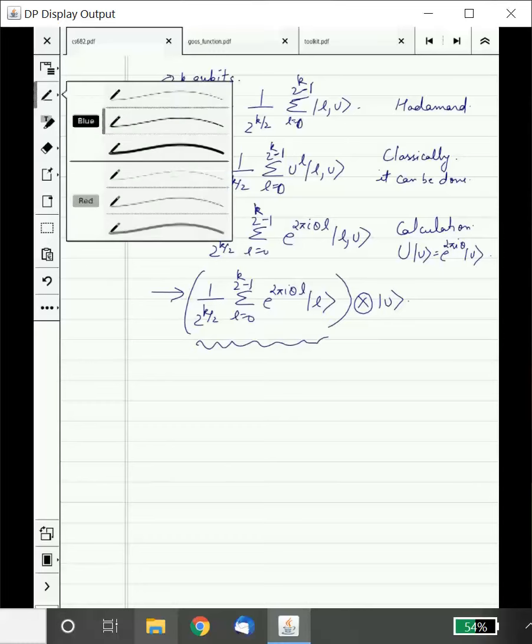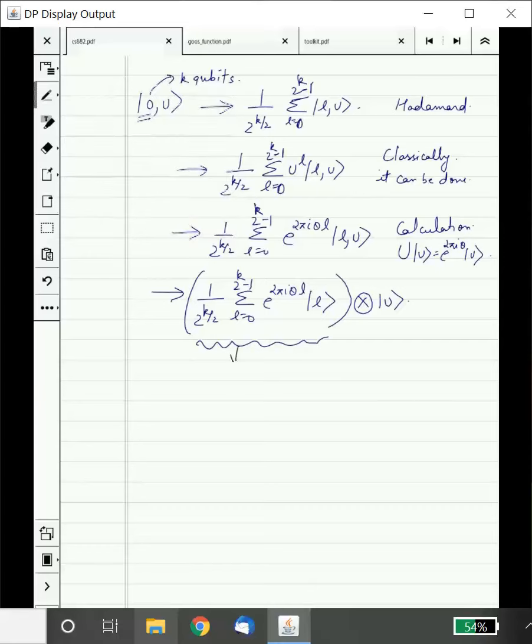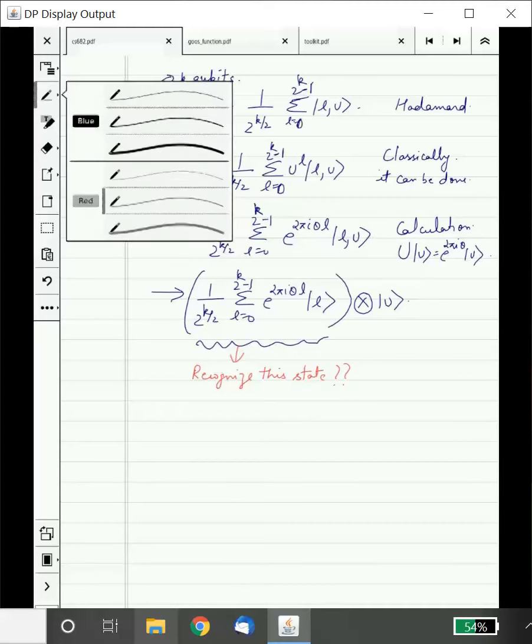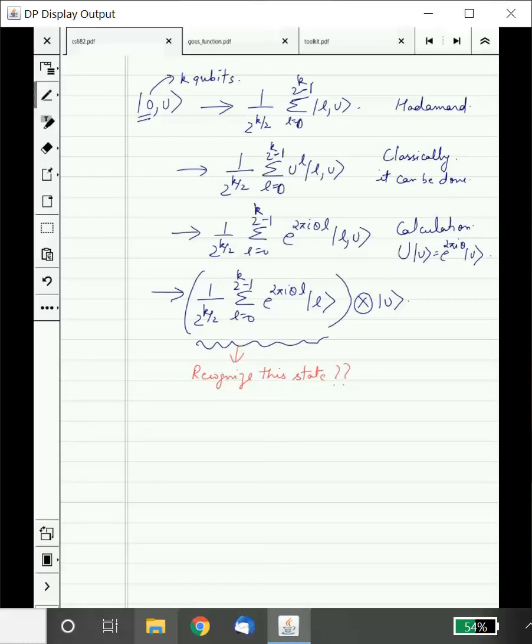Focus on this and tell me, do you recognize this state? If you take some time and if you were careful enough, you will realize that this is the Fourier transform of 2 to the k times theta, that is, j1 through jk. This is the state which we wanted.